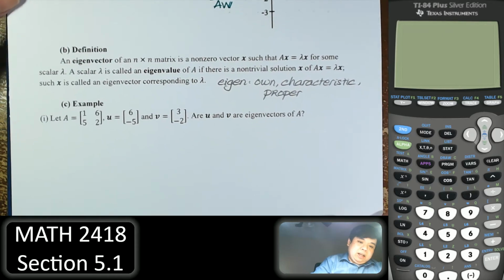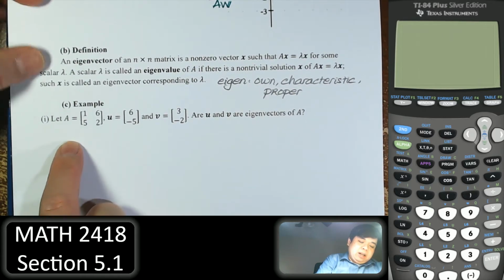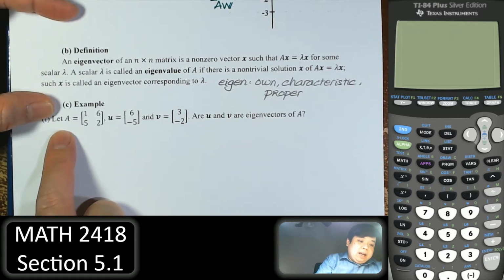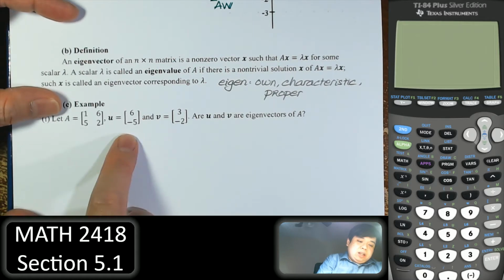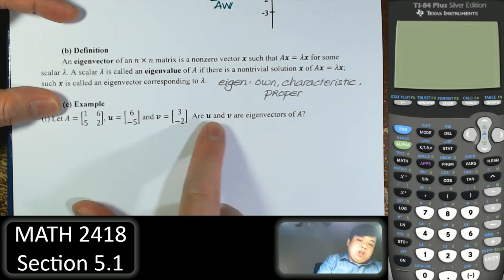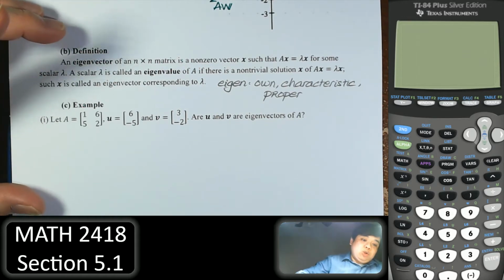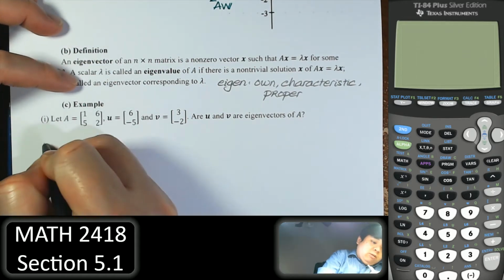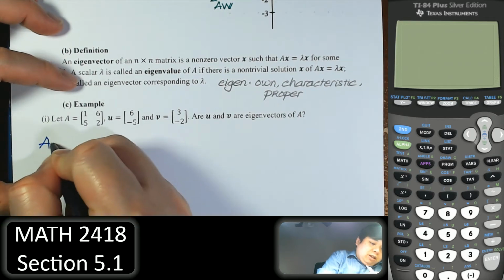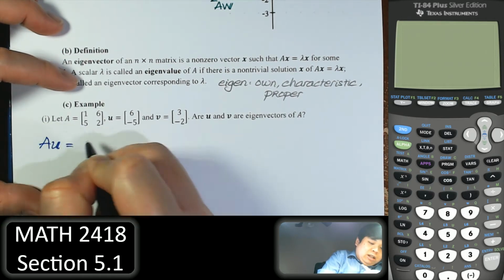Right. Now let's look at this example. Let A be that matrix, and u and v are vectors. Are u and v eigenvectors of A? Well, we just need to test them. We should be able to see rather clearly.